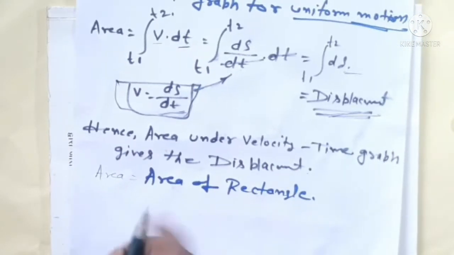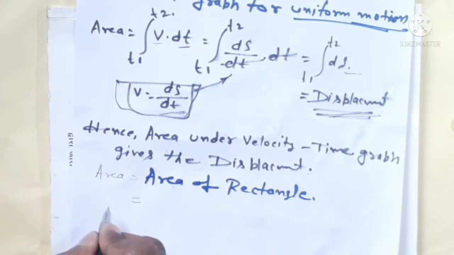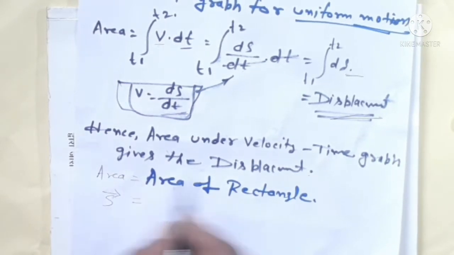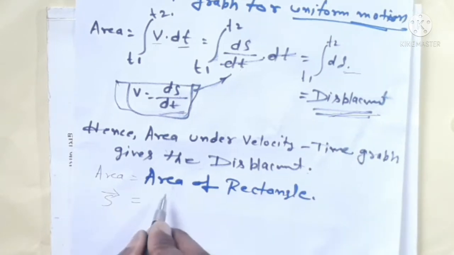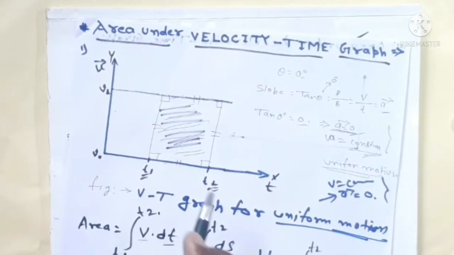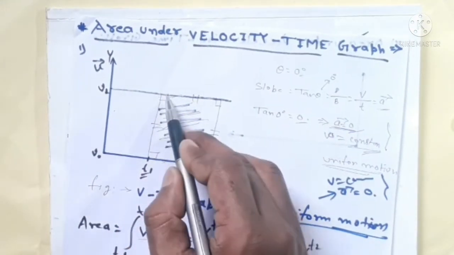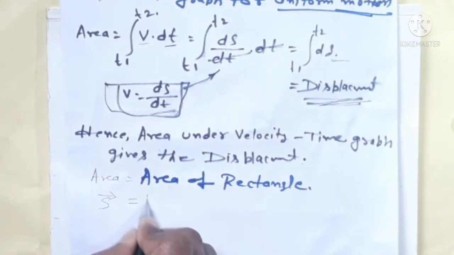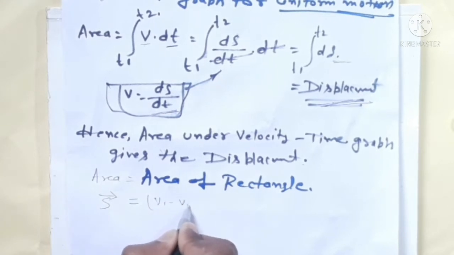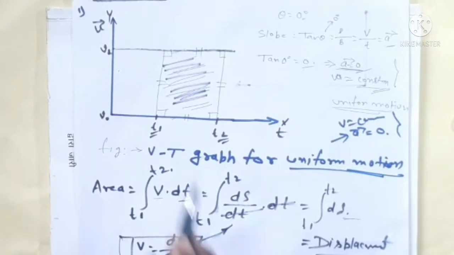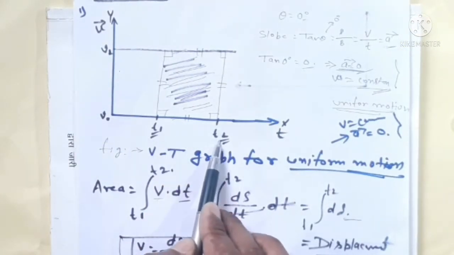So we can write area is equal to displacement, and displacement can be written as the area of the rectangle. Area of the rectangle is equal to the length, here v1 minus v0, into the width, this t2 minus t1.